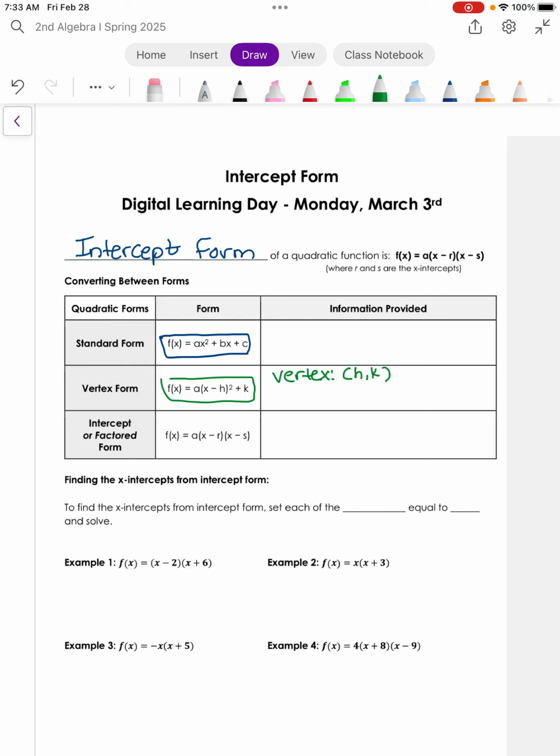It also gives you the a value if there's a stretch or a shrink. That's the same in standard form. It gives you the a value, which is a stretch or shrink. It does also actually give you the y-intercept, which is c.